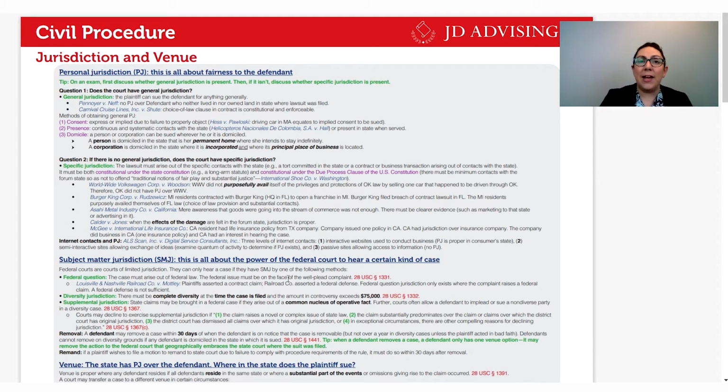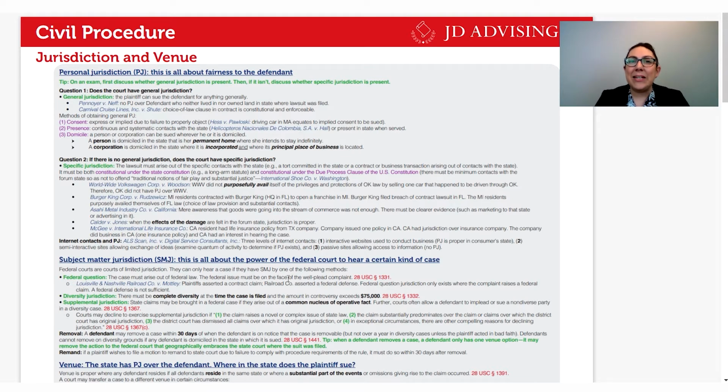I live in Michigan. My domicile is Michigan. So that plaintiff in Florida could come to Michigan and file a lawsuit in Michigan with regard to that Florida car accident. And Michigan would have jurisdiction over me as a defendant because I am domiciled in Michigan.